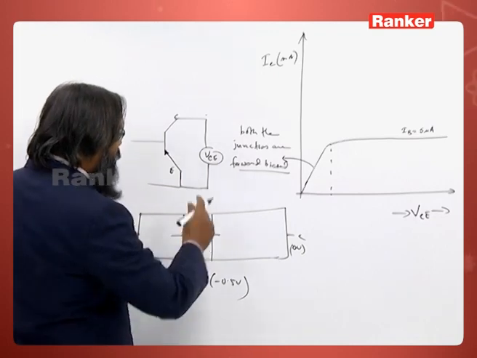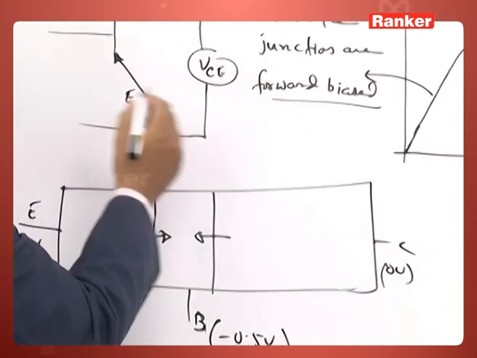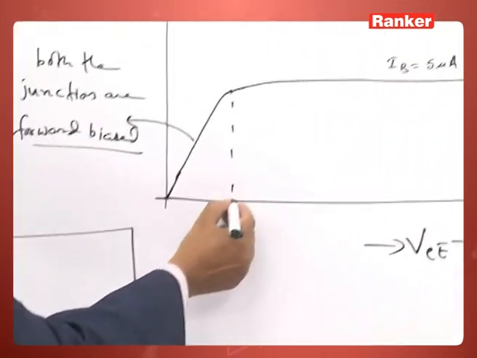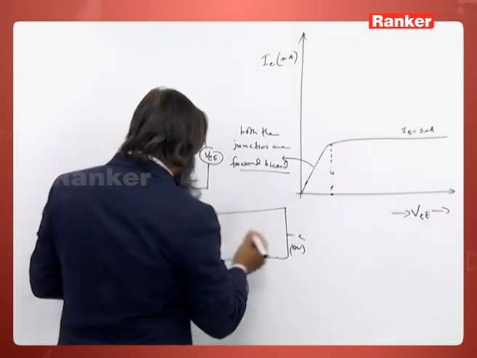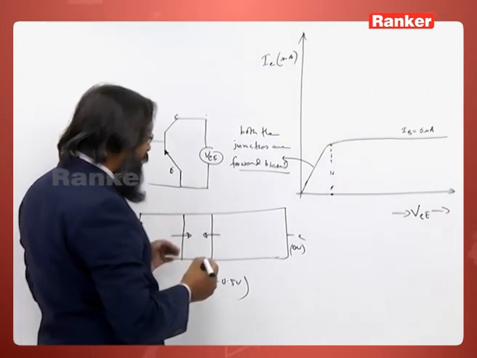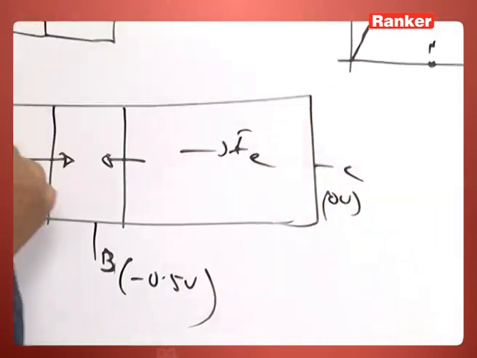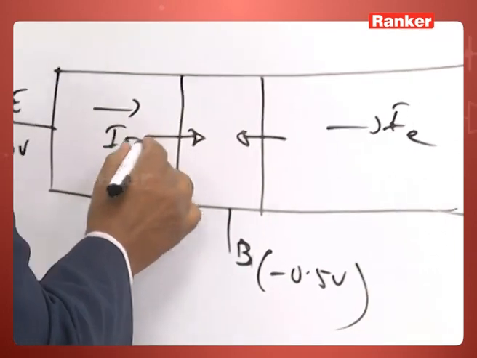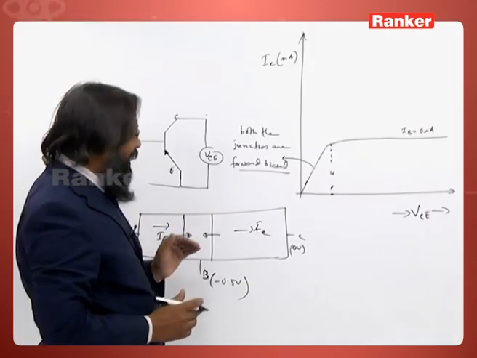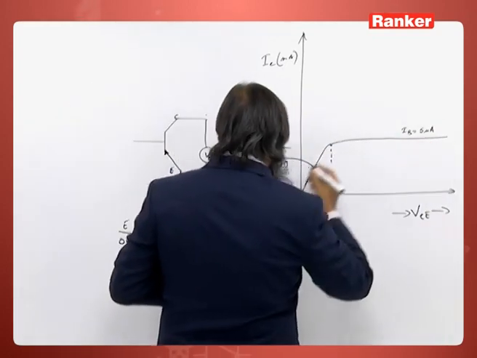Now, when I increase my VCE, at some stage this becomes forward biased and this becomes reverse biased, and thereafter the current IC will be nearly equal to IE and transistor action will take place, and then you will get a constant current like this.